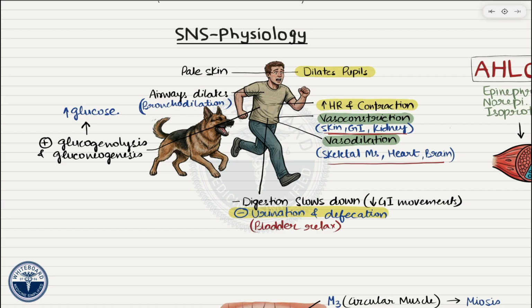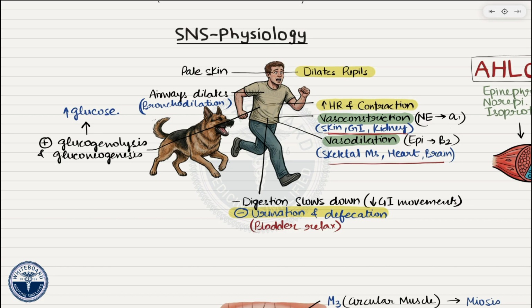That is why, during a stressful situation, the body releases both norepinephrine and epinephrine. While norepinephrine mainly produces alpha 1 mediated vasoconstriction, epinephrine activates beta 2 receptors and produces vasodilation in certain vascular beds, especially those supplying skeletal muscle, coronary circulation, brain, and the liver.